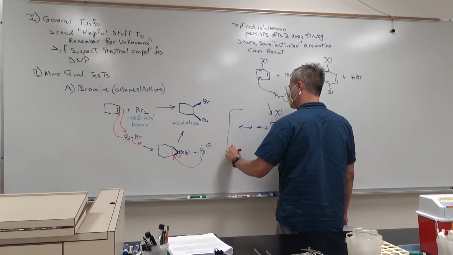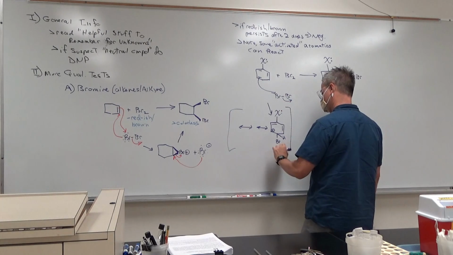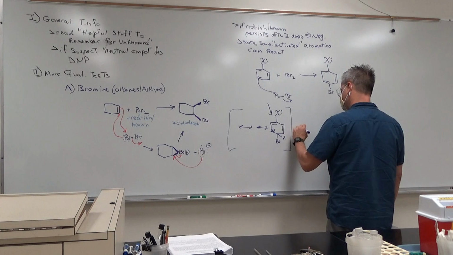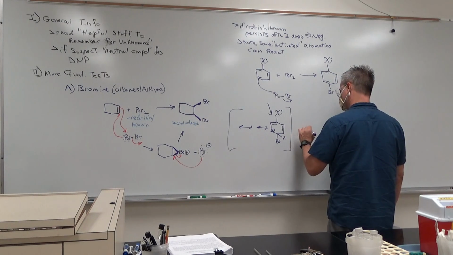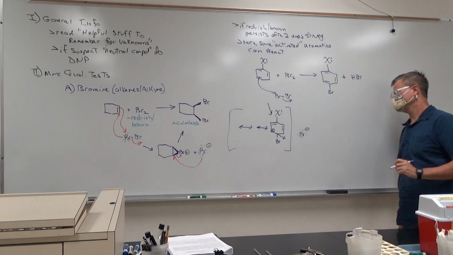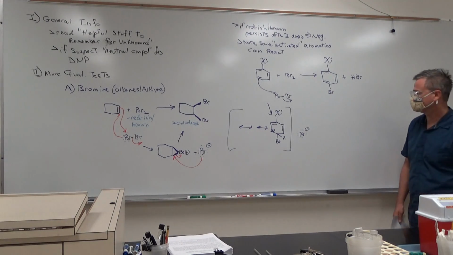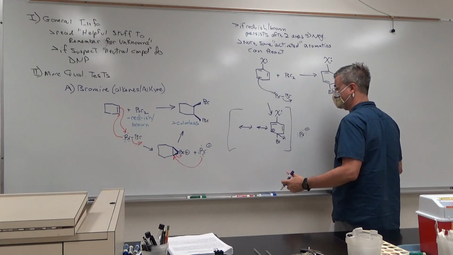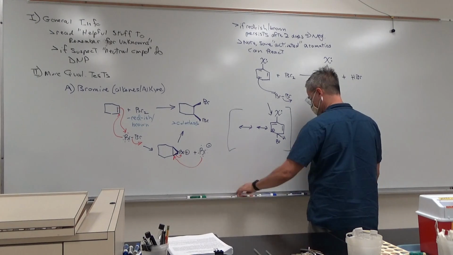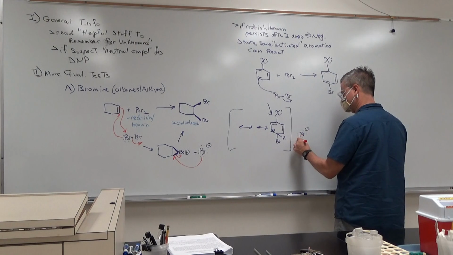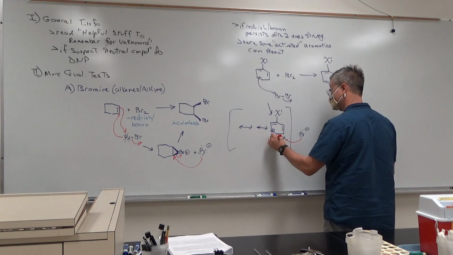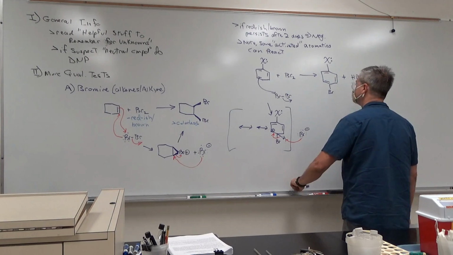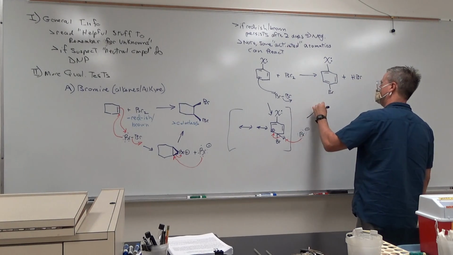Okay, so that's just me reminding you there are other resonance structures. Under the conditions that we did this, the only base that's around appreciably is bromide. Okay? And this wants to be aromatic again so badly that bromide actually can behave as a base in this context. Grab this electron. Right there. Boom.